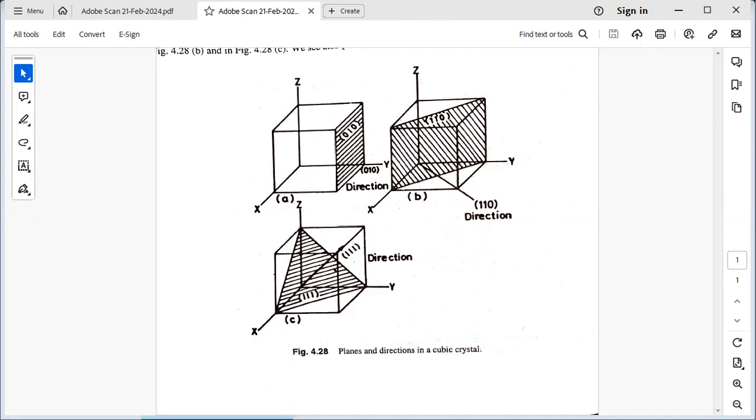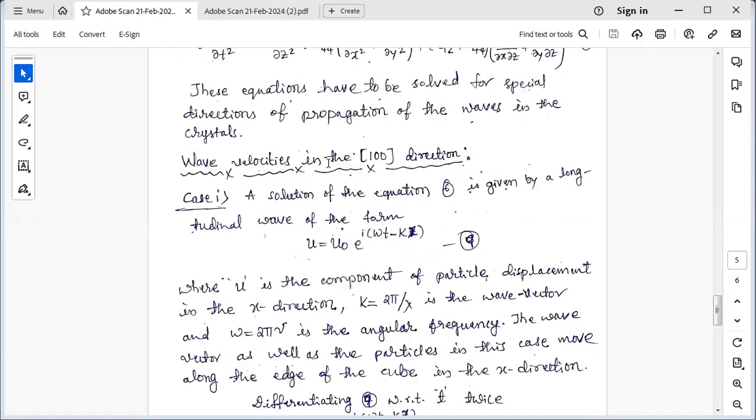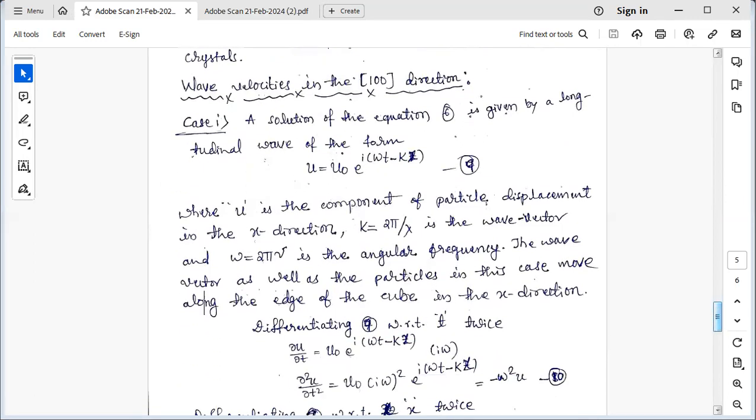So in the crystal directions, we assume that this wave is propagating in the 100 direction. So here two cases arise. Case 1, let the solution of the equation 6 be given by a longitudinal wave of this form: u is equal to u naught e raised to i omega t minus kx. So first we assume that the wave is longitudinal in this case.